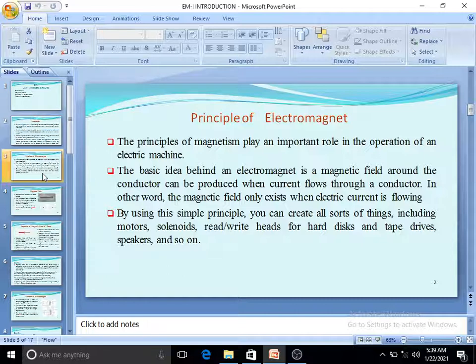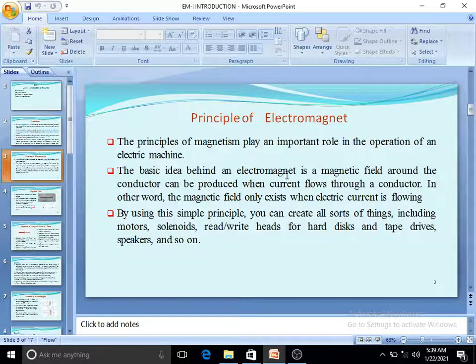The only thing to remember is that if you want to create electromagnetism, consider a conductor and pass a small amount of current through it. We use electromagnets in motors, solenoids, read-write heads for hard disks and tape drives, speakers, and so on.